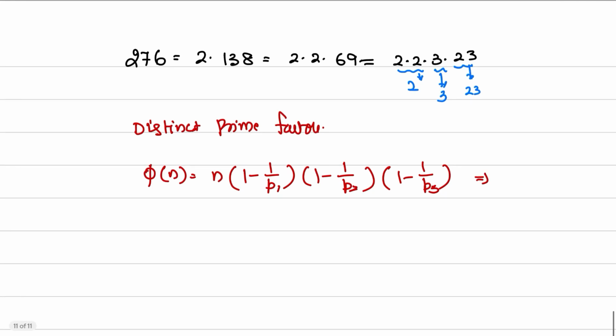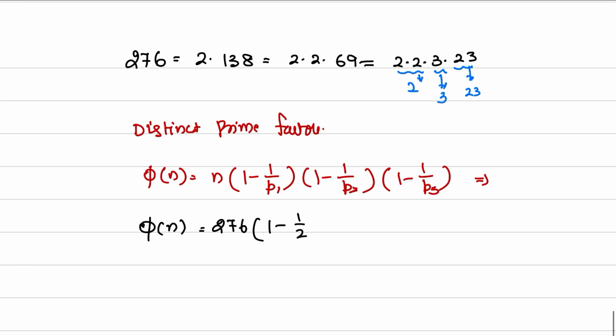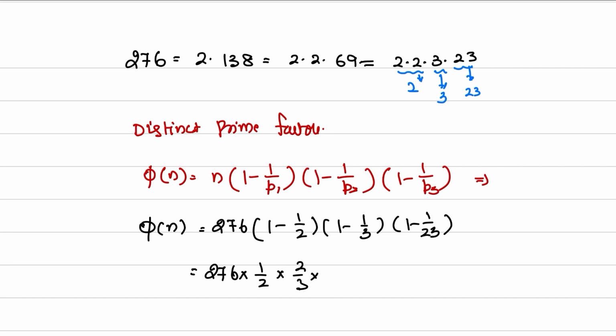That implies phi n is equal to n, which is 276, into 1 minus 1 by 2, 1 minus 1 by 3, 1 minus 1 by 23. You please find out: 276 into 1 minus 1 by 2 is 1 by 2, 1 minus 1 by 3 is 2 by 3, and this number is 22 by 23.